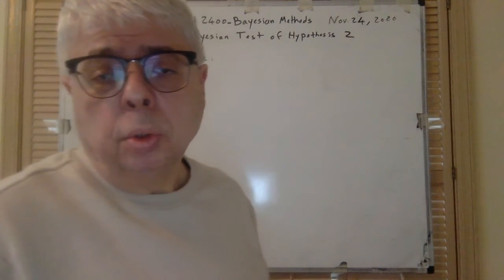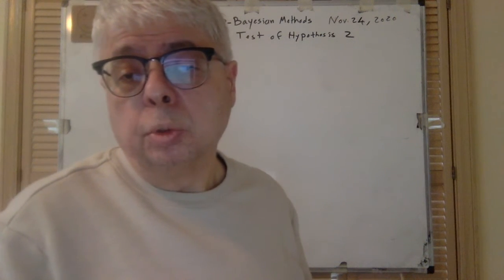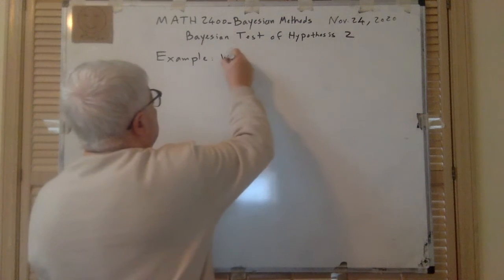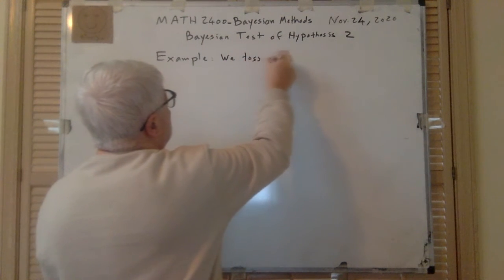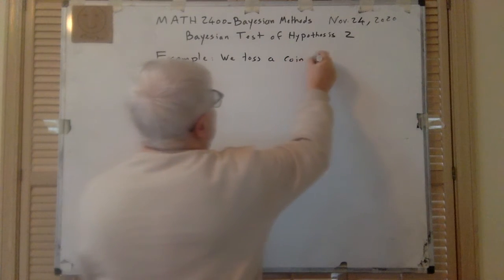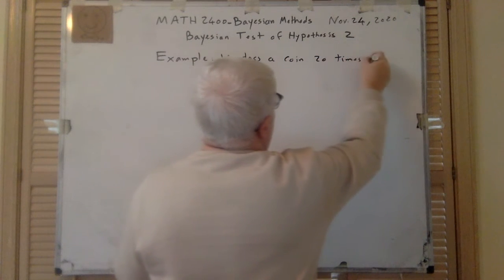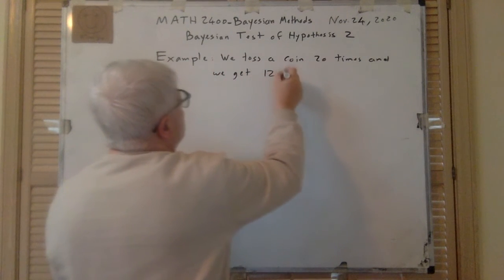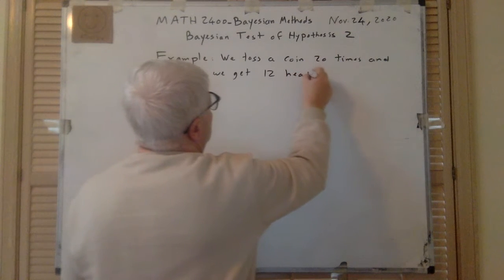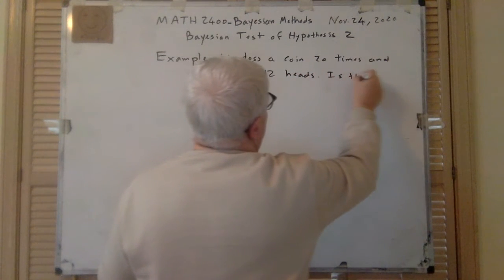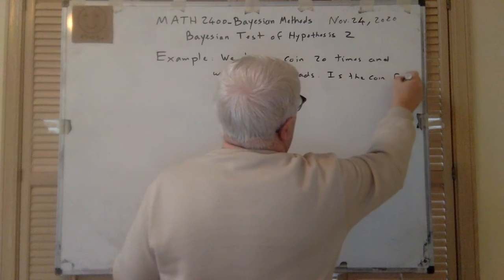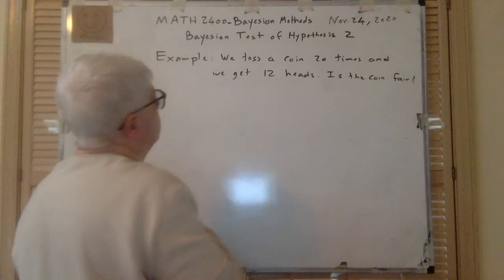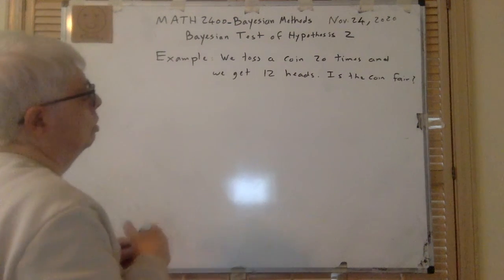We tossed a coin 20 times and we get 12 heads. Is the coin fair?